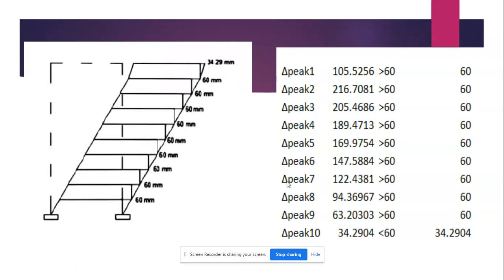This is how we visualize it. For peak 1, the value is greater than 60, so we will put 60 from 1 to 9, while the 10th floor remains at the value of 34.22904.